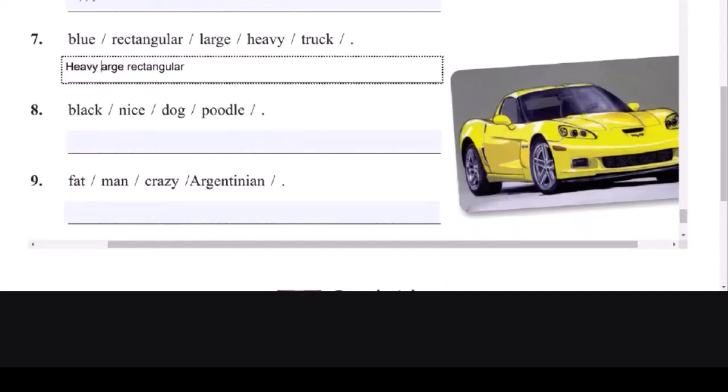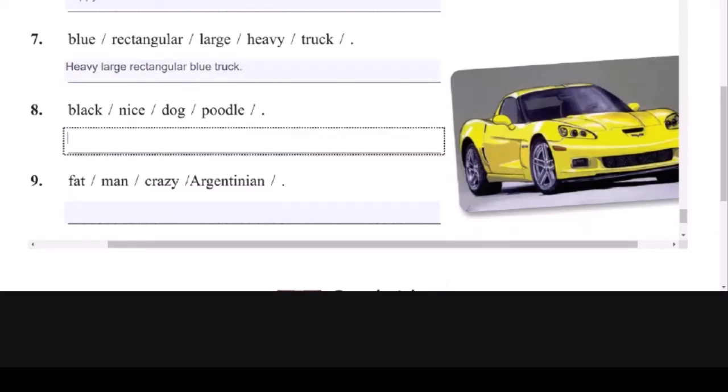Heavy, large rectangular blue truck. Definitely the opinion. And then number 8, black nice dog poodle. Poodle is the little dog, right? Poodle dog. Nice black dog poodle. No, dog. Poodle dog. Poodle is the noun, right? Yes. Nice black poodle dog.